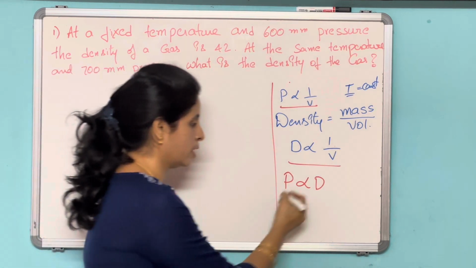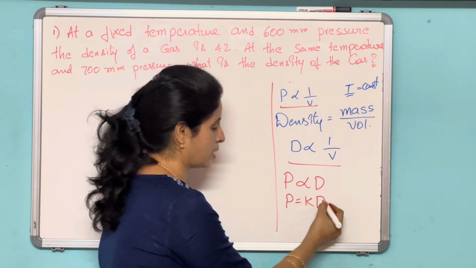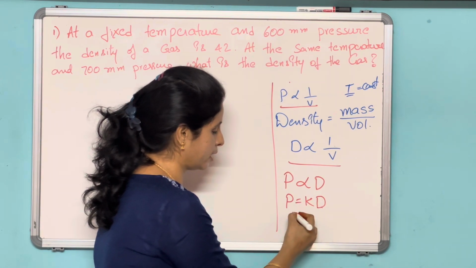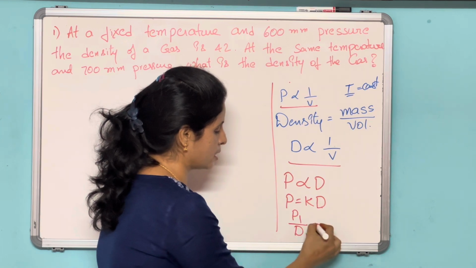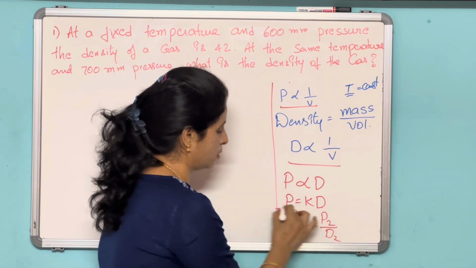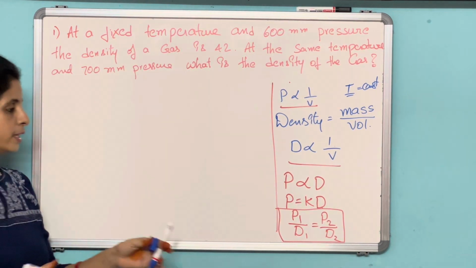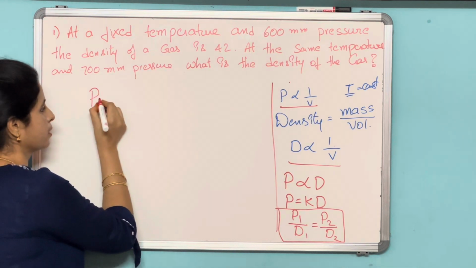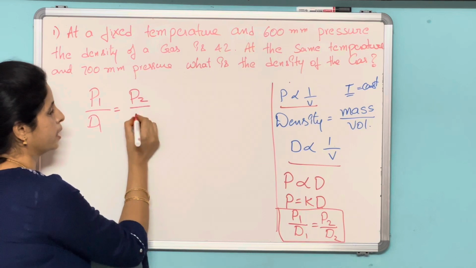Okay, now this proportionality is replaced by a constant K, and the relation is P1 by D1 is equal to P2 by D2. Now you got the formula for this problem. So what is the formula? That is P1 by D1 is equal to P2 by D2.